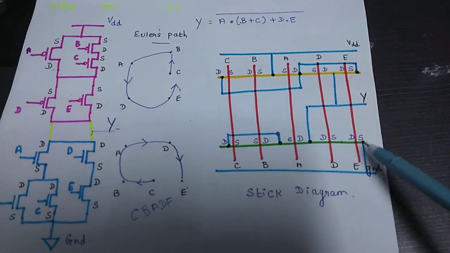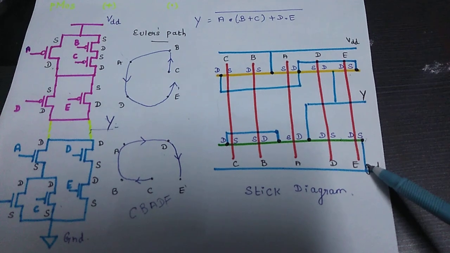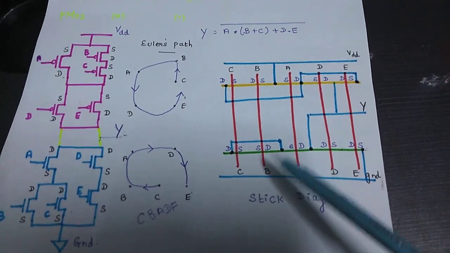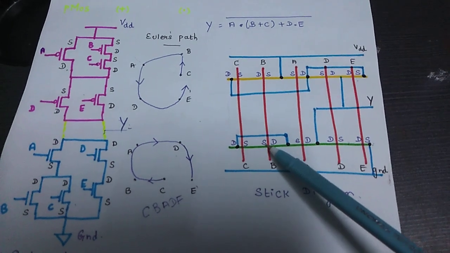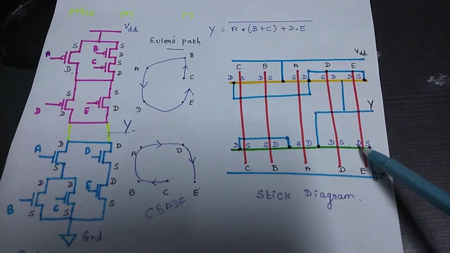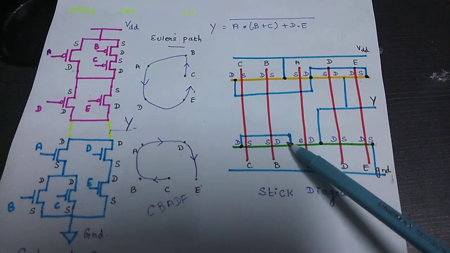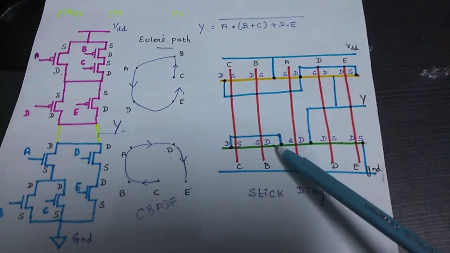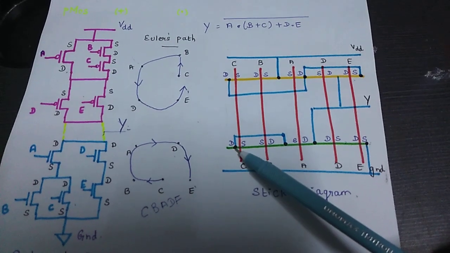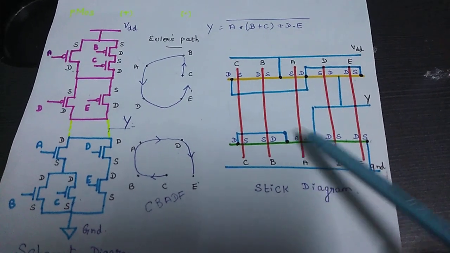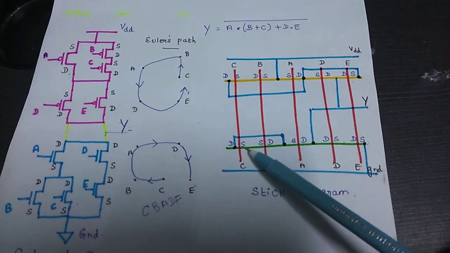This source is grounded. Okay, and moreover you could see the source of B transistor and the source of C transistor are interlocked. Source of B transistor and source of D transistor are being interlocked. C and B, both the sources are shorted together.